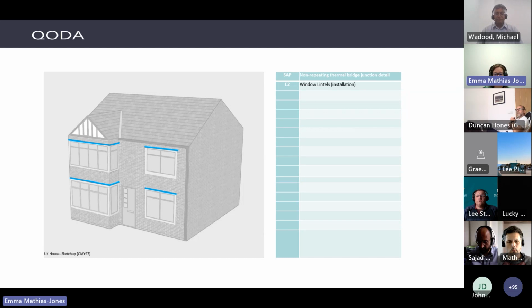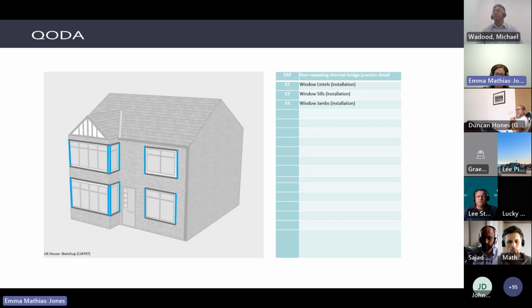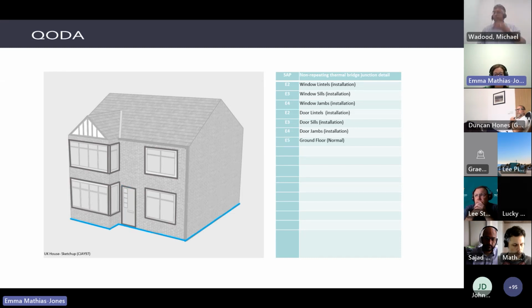Those are your window installation thermal bridges. Window sills, your jambs, door lintel, sills and jambs as well, similar to windows. Your normal ground floor junction. Your wall-to-wall corners, your normal corners, and then inverted corners.